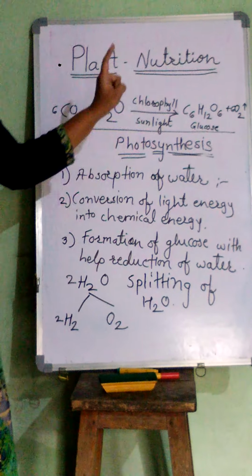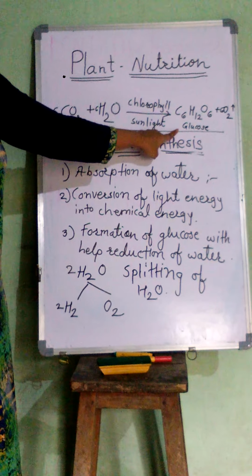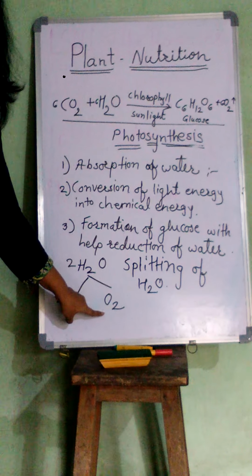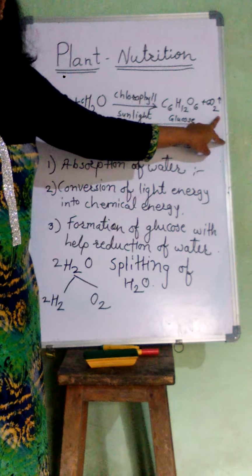So this is how, by splitting of water molecule, the glucose molecule is formed, and the oxygen which remains extra in this reaction is released out by the plants.